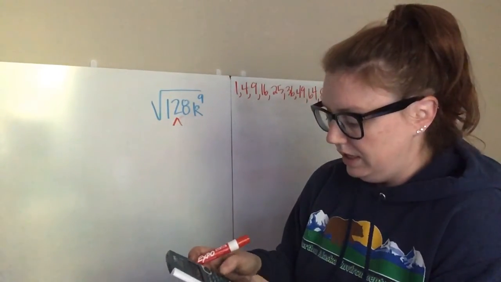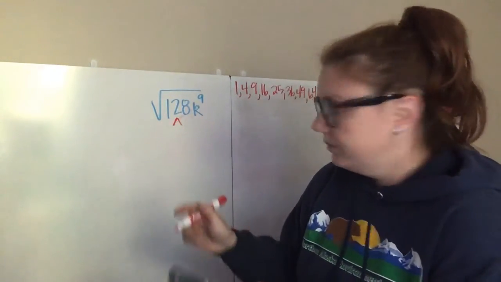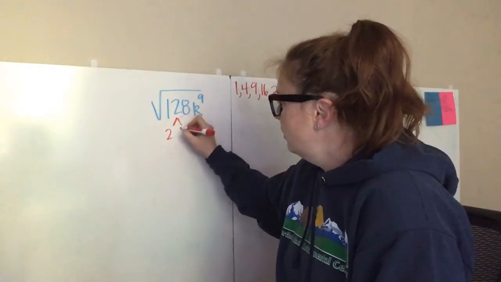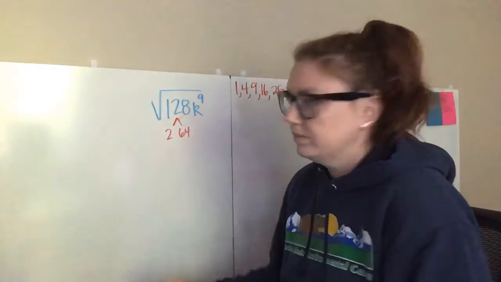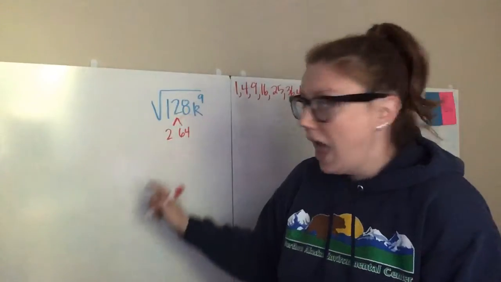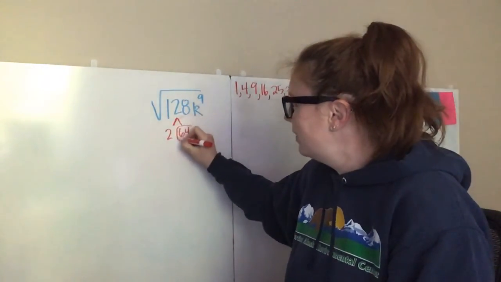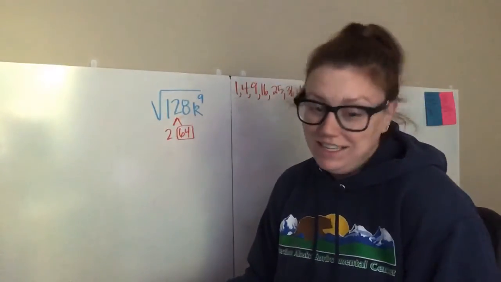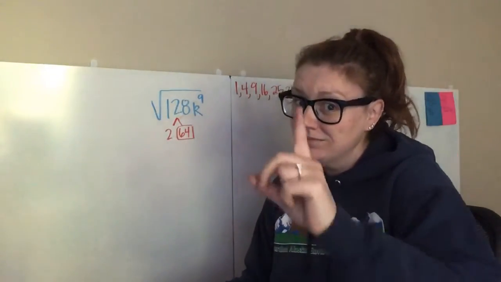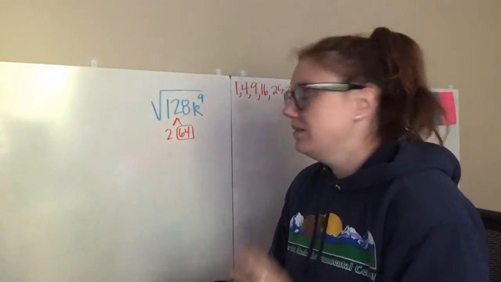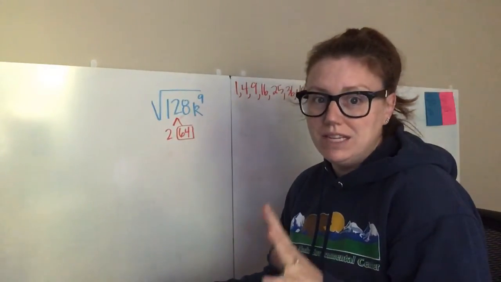So 128 is even, so I can divide by 2. So that's 2 and 64. Look, it's perfect. Or it's a perfect square. See? You can do it. You just have to sometimes factor a little bit, take a number out.